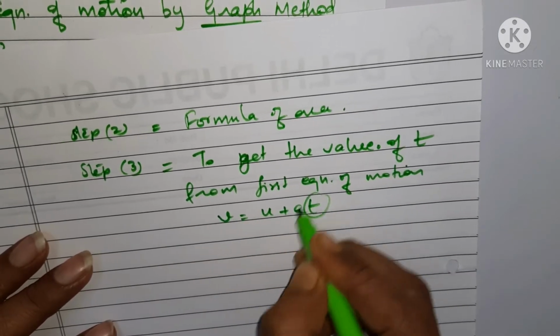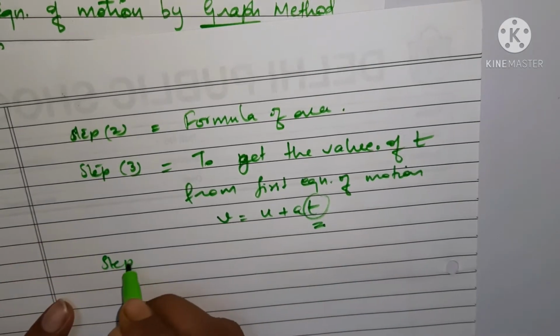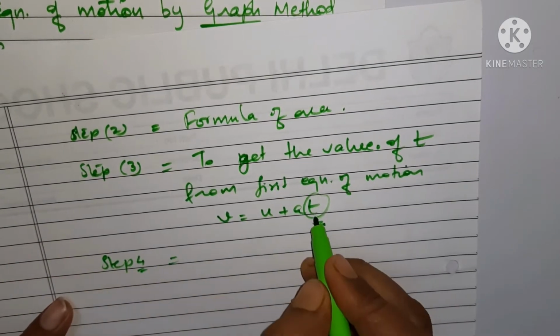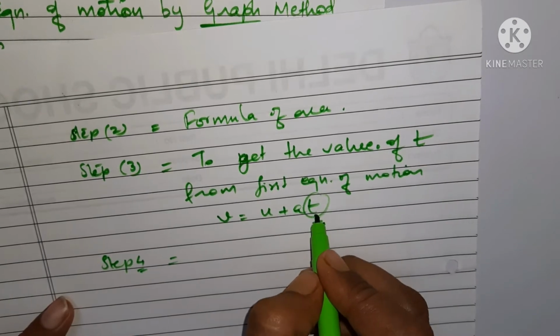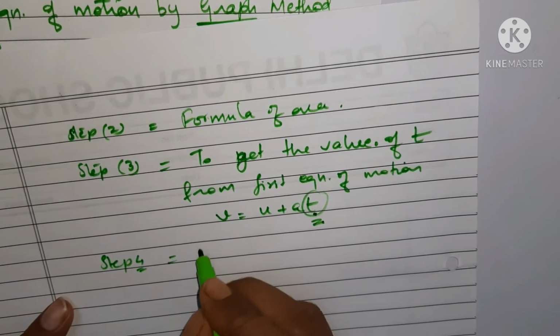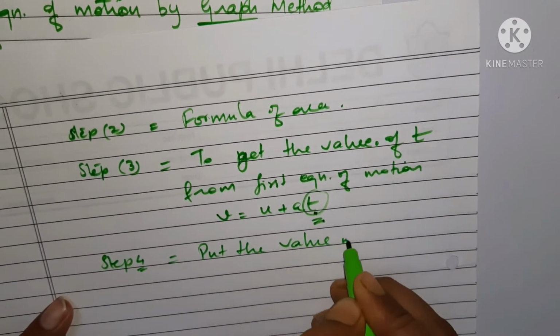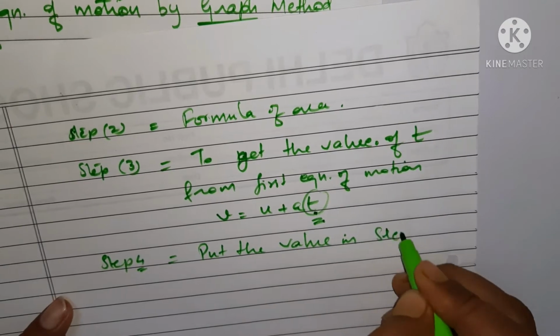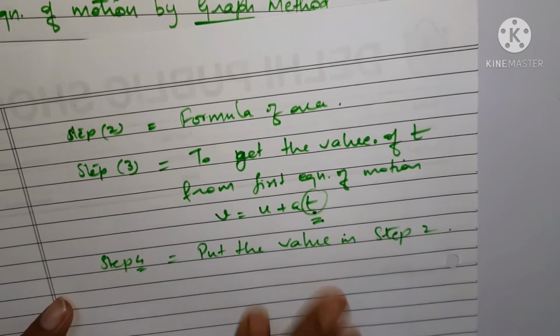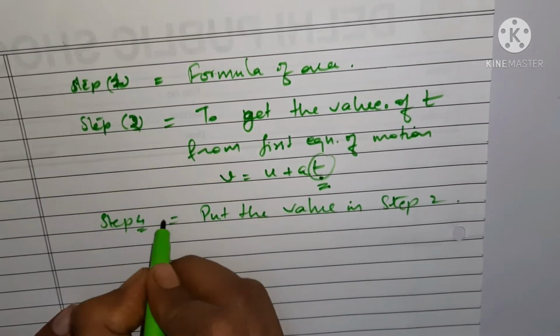So you have to find the value of t, and then one more step is there, step 4: you have to substitute this value in this formula. So put the value in step 2. This is what you have to do. So you can make this as step 1, this as 2, and this as 3.